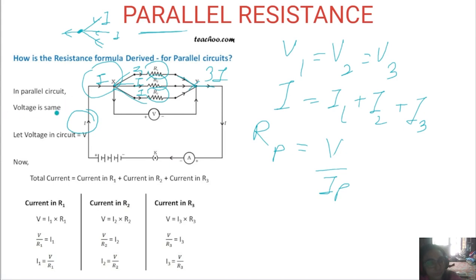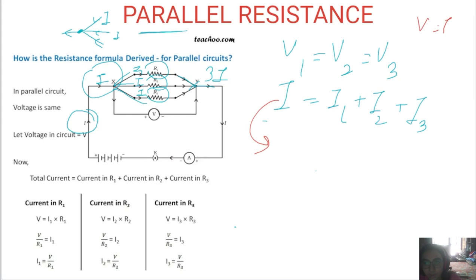So V by I equals, or in an easier way, what we can do is directly replace the currents here. If we take this equation only, what is I?